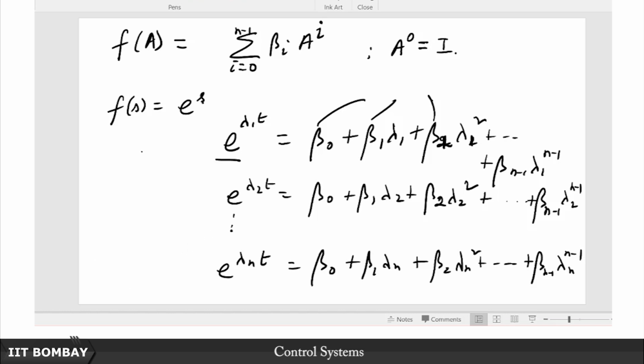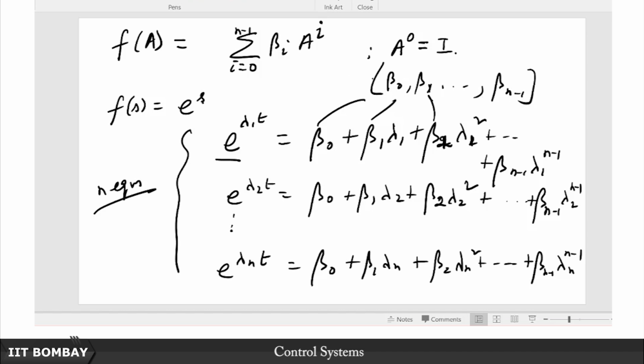First observation: how many equations are there? There are n equations. How many unknowns are there? Beta 0, beta 1 dot dot dot till beta n minus 1, so that is n unknowns. So you have n equations and n unknowns.